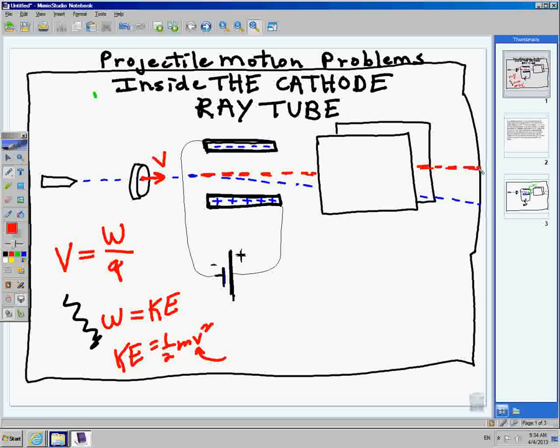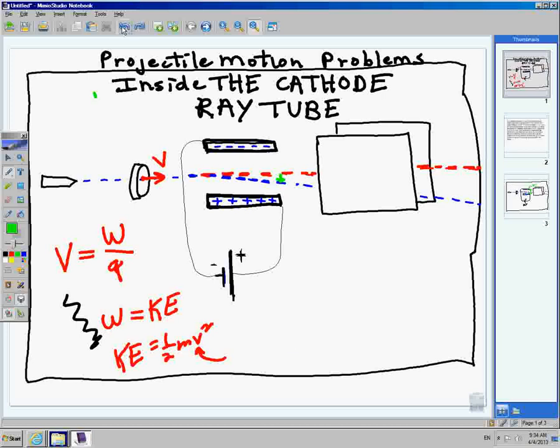But what you're going to be asked to calculate is how much it ends up dropping or falling down due to the electric force. When the plates are charged, it ends up deflecting down, and we're going to want to calculate what that little drop is.